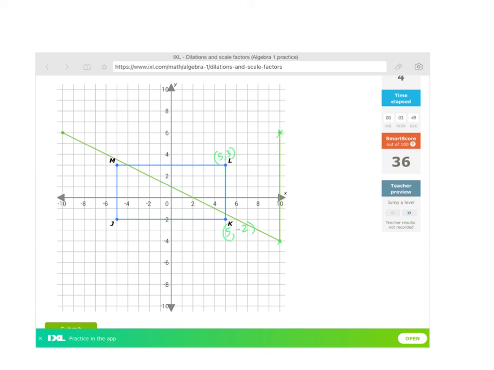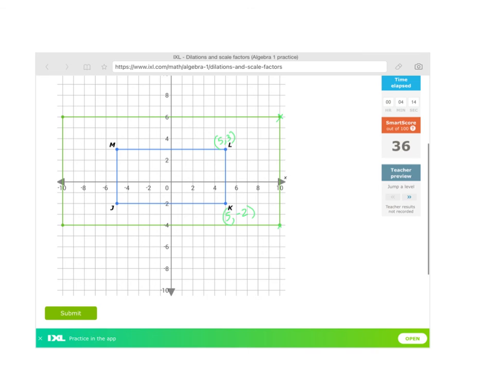So here, okay. What is happening is that it wants me to go in the order. So J will become negative 5 and negative 2. Sorry, so that will become negative 10 and negative 4. So right here, and this will become 10 and 6. And that's how I get my image. So I doubled everything.